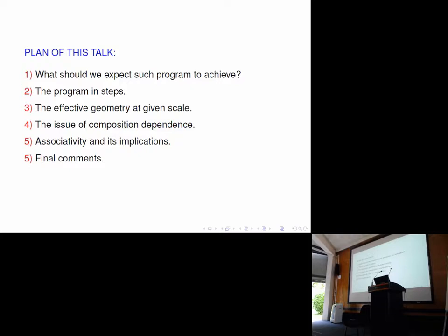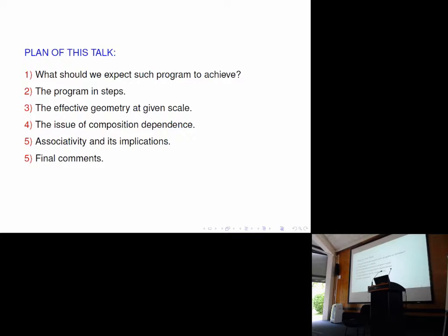Then I will talk about the notion of effective geometry, how we think one can recover the notion of effective geometry at a given scale if one was given some other notion in another scale. That, in some sense, is going to tell us how to connect the different steps in the program.